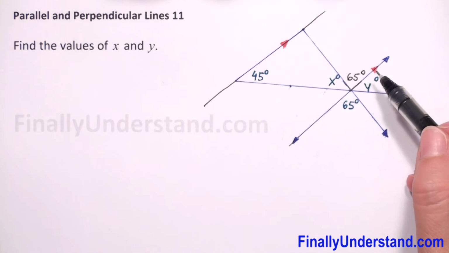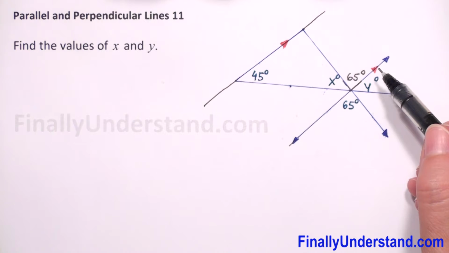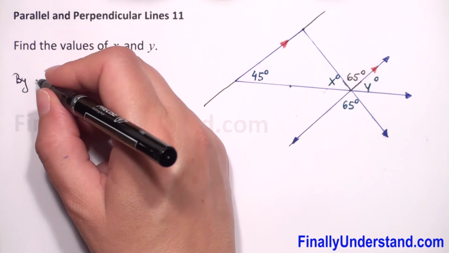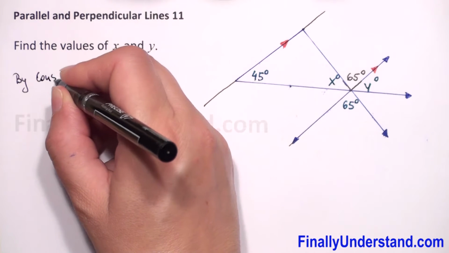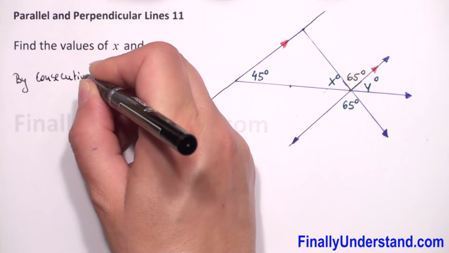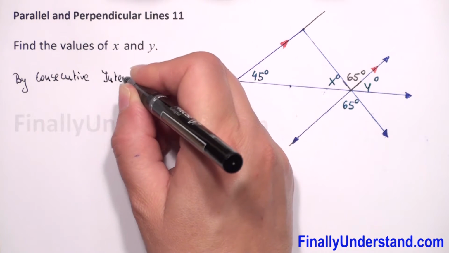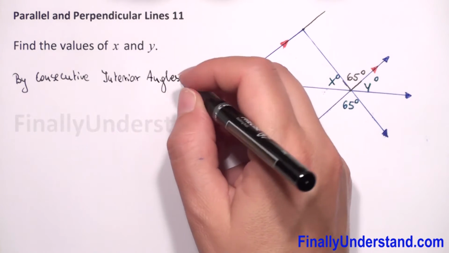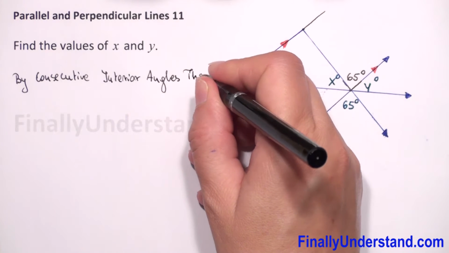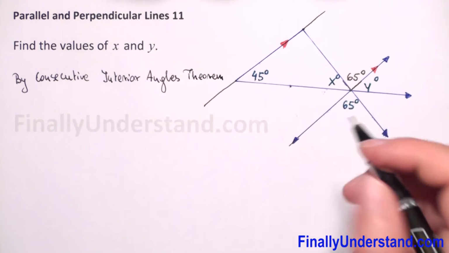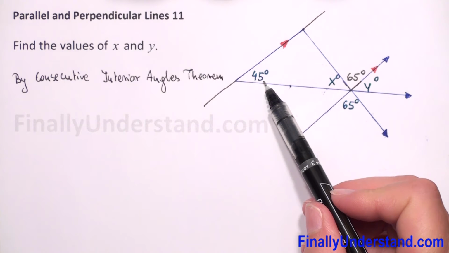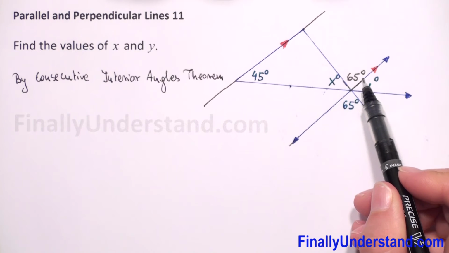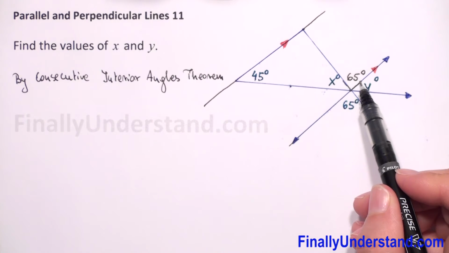Now we can use the consecutive interior angles theorem. Let me write this here. Angles 45 degrees and x plus 65 degrees are consecutive interior angles.